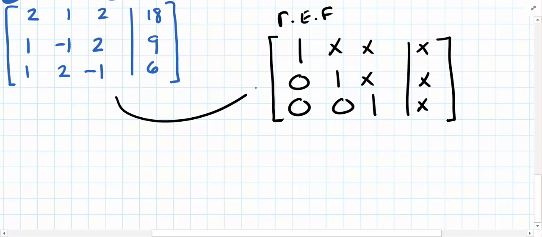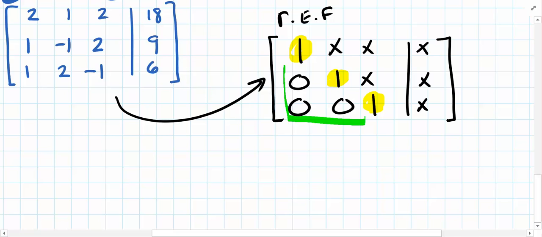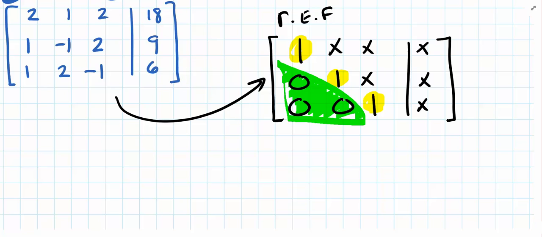That's our goal. So notice that we have 1s along the main diagonal, and then we have this triangle of 0s in the lower left. Everybody see that? Okay. Our goal is to make it look like that using those 3 row operations. And the secret is you want to start and get this position first.